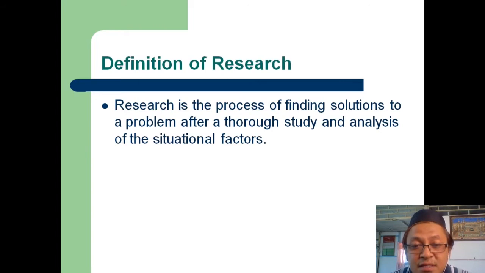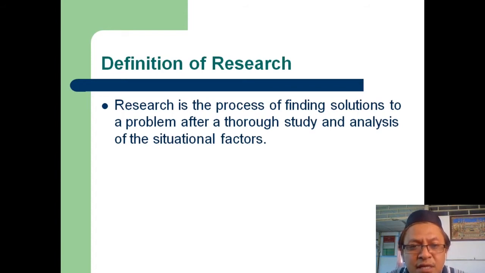These activities will be like problem definition, developing research questions, developing research objective, doing literature review, developing theoretical framework, conceptual framework, collecting data, analyzing the data, interpreting the results of the data analysis. So these are some of the processes that are involved in research.